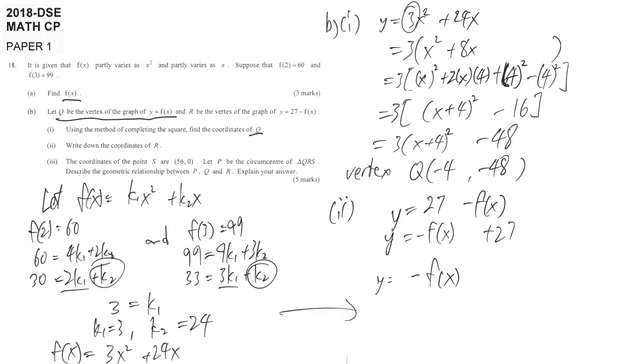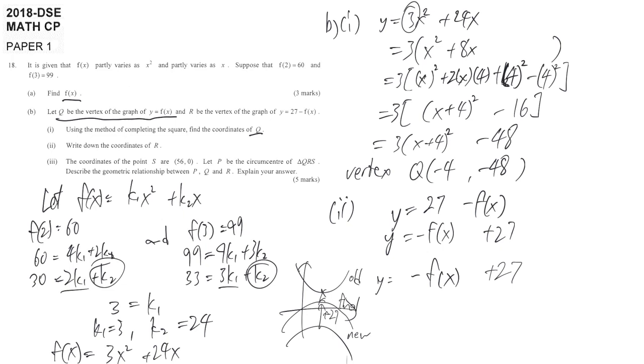That means the graph, for example, if the graph is like this, then it will be like this now. After that, this graph we have to add 27. So if this is the original one, this is the new one, and then we have to shift it up by 27. So this is the final one.